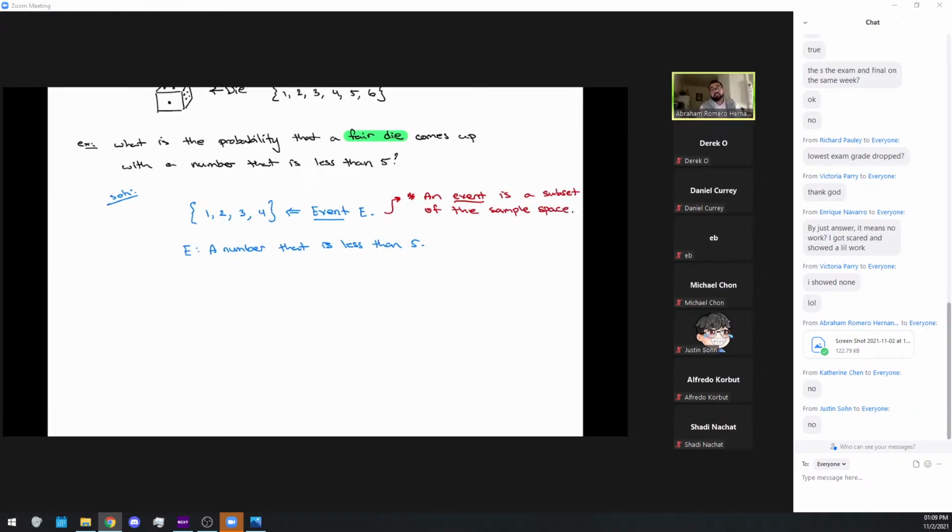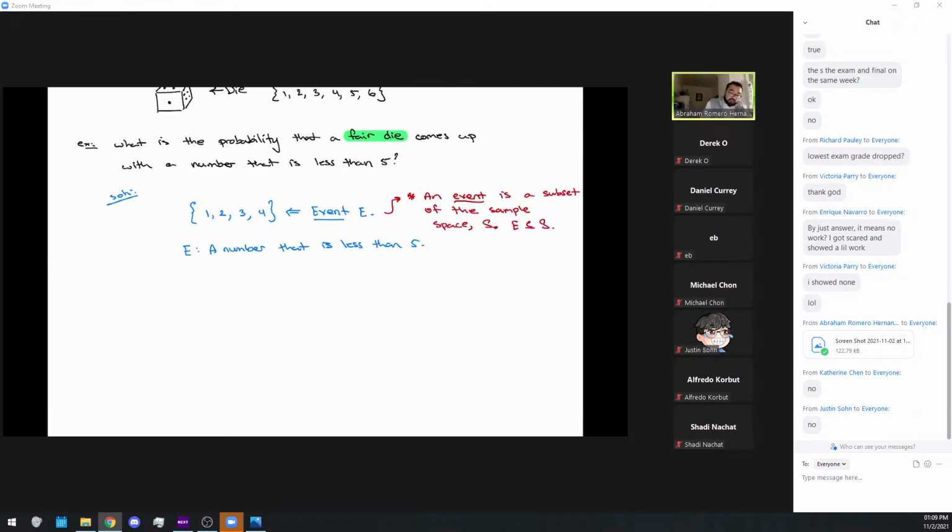That's what an event is. An event is a subset of the sample space. And you're going to hear the word event a lot. That's why you need to understand what it is. A subset of the sample space. Now, the sample space S. That's too tight, so let me give myself some space. So E is a subset of S.